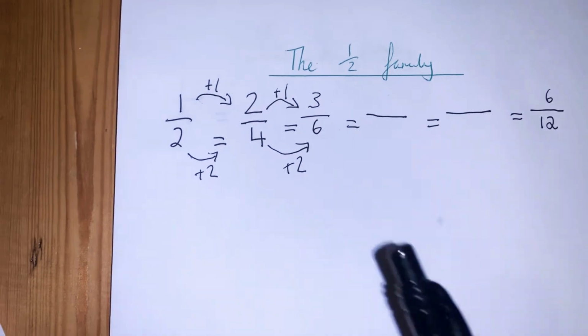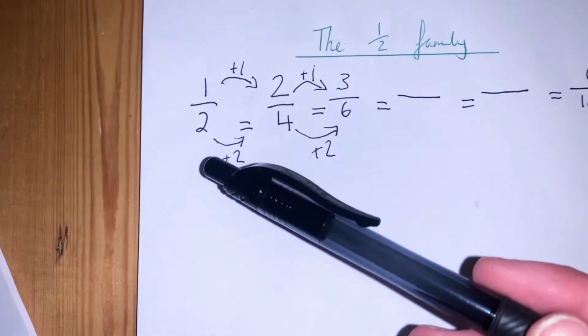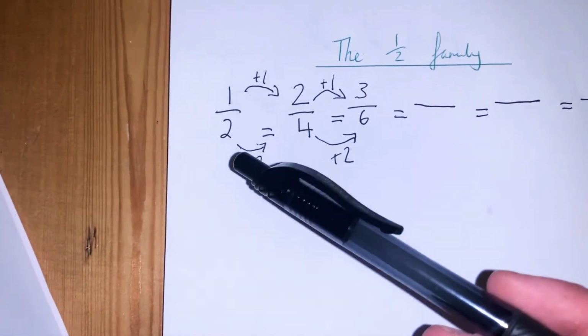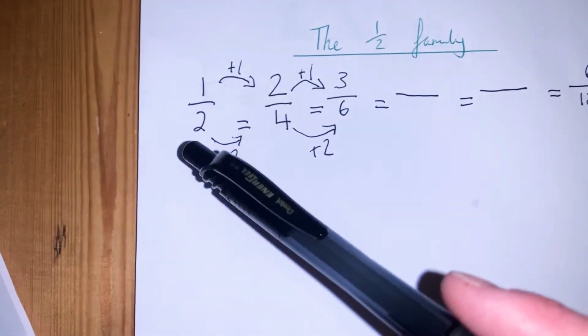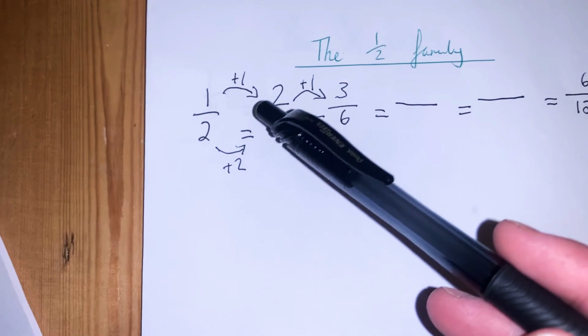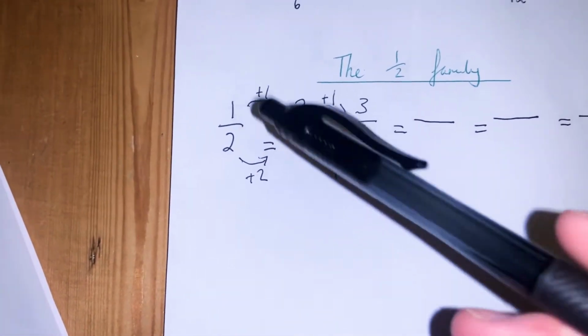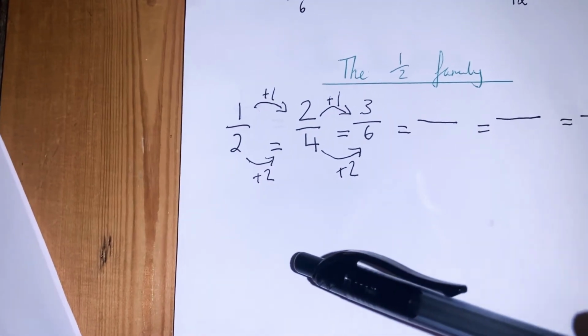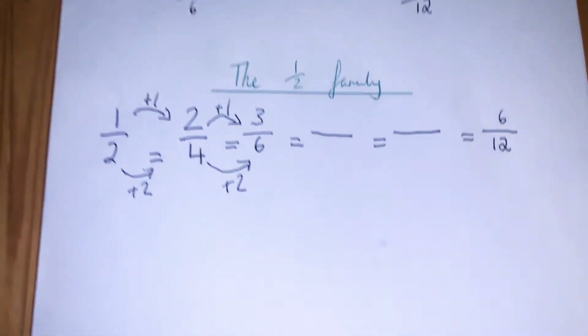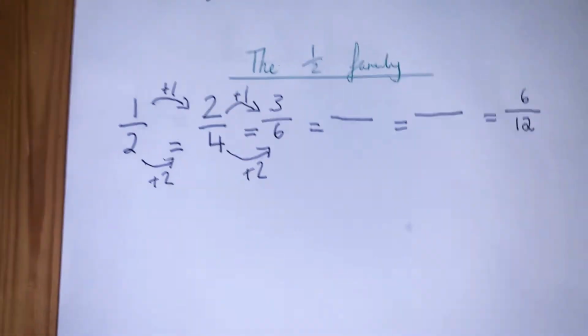Okay? So whatever is the first fraction, like 1/2 here, is the leading fraction in the half family. In order to find the equivalent fractions of 1/2, we keep adding on 1 at the top and 2 at the bottom. So let's see if we can try and fill in the rest of it, okay?